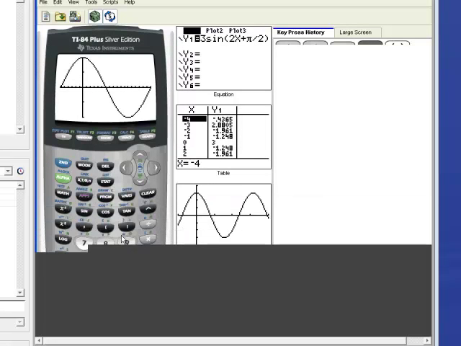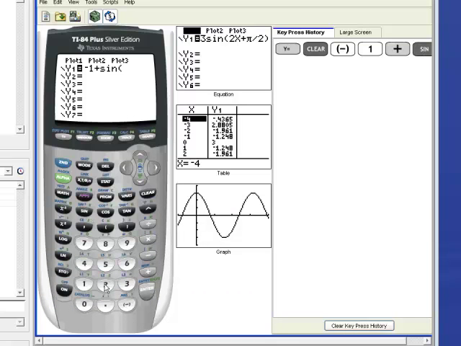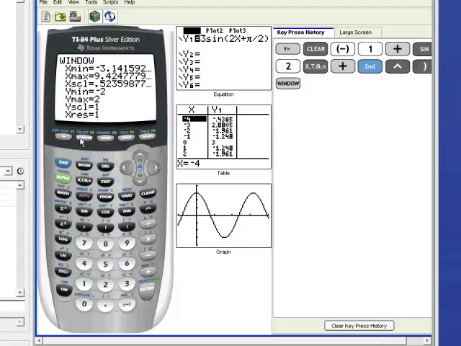So the first of these two is -1 plus sine 2x plus pi. There we go, and the window settings should be, let me look at that again. The x should start at -pi over 2, which is the phase shift. So -pi over 2, and then I add the period of pi to it.